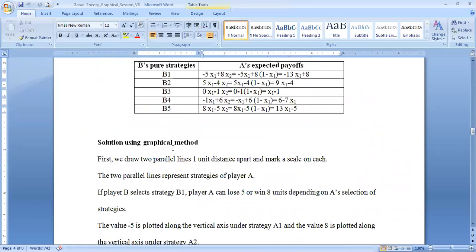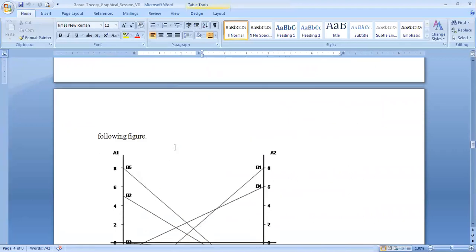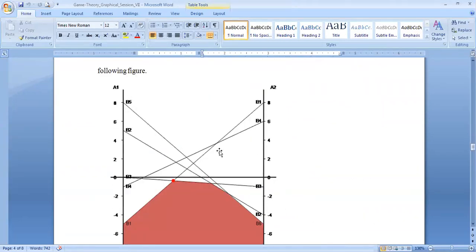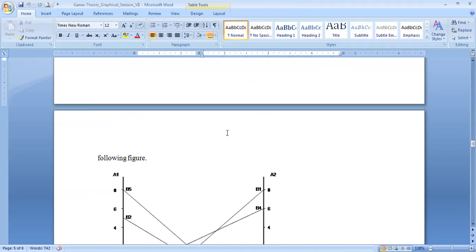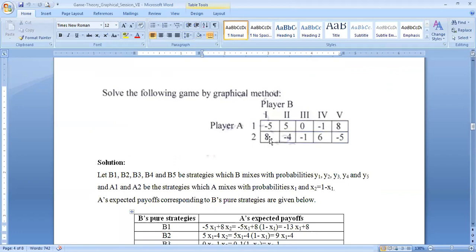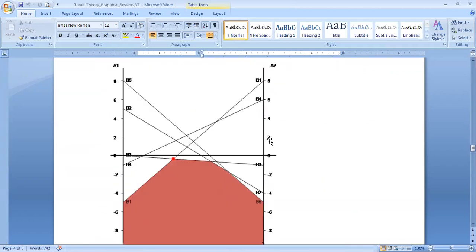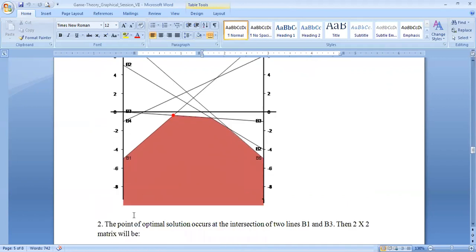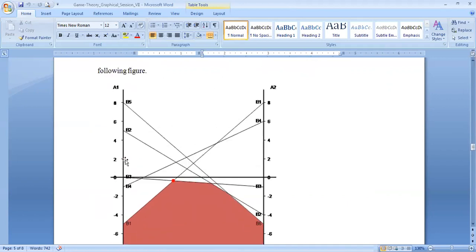Then next, you have to draw two vertical lines. Here I have written A1 here and A2 here. Afterwards, just locate the points for A1 and A2, minus 5 and 8. For A1 it is minus 5, and for A2 it is 8.